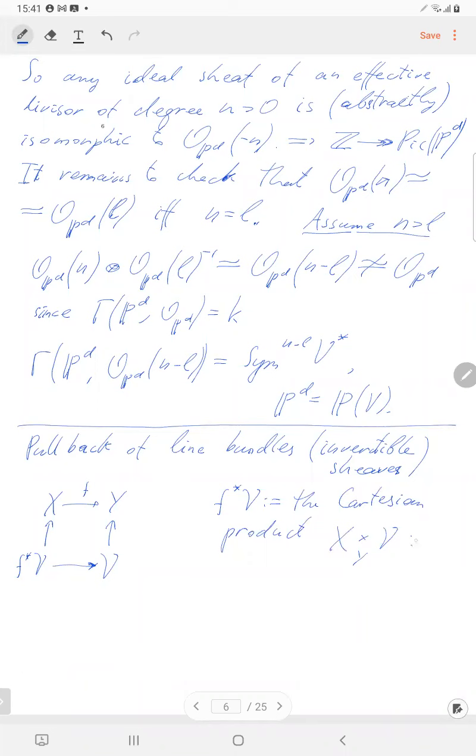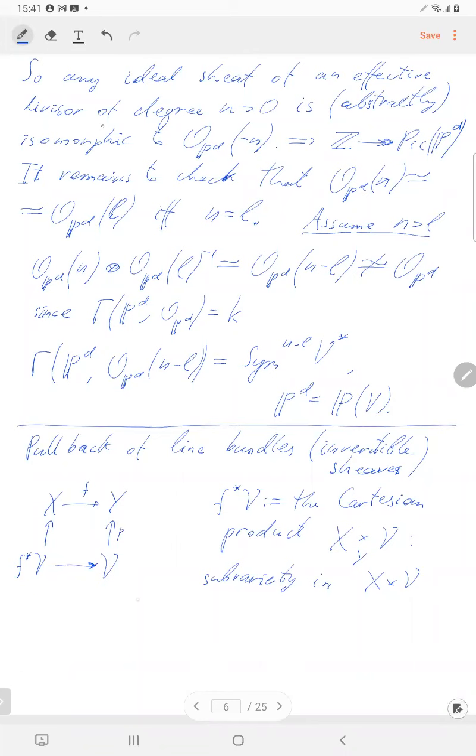This is a subvariety in the direct product X times V. But you see, X maps into Y, and V projects onto Y. Maybe like this.